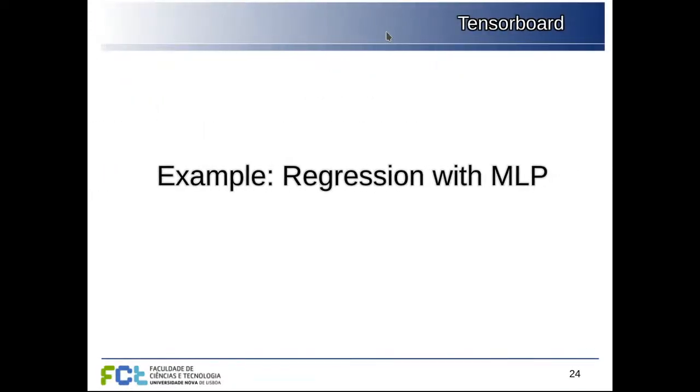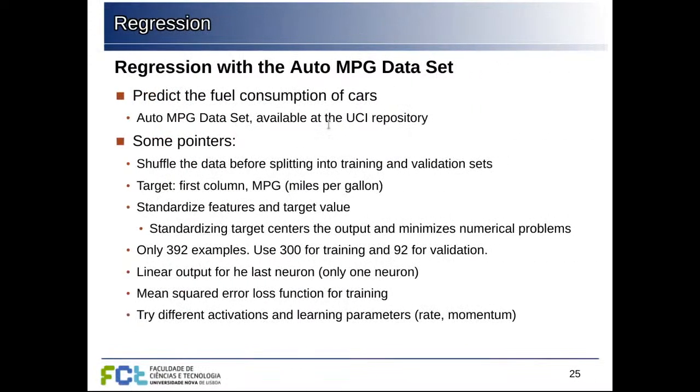So let's see an example of computing a regression with a multi-layer perceptron. We're going to use this auto miles per gallon data set. These are available at the UCI repository. I give you a modification of this data set just to make it simpler to load the data.